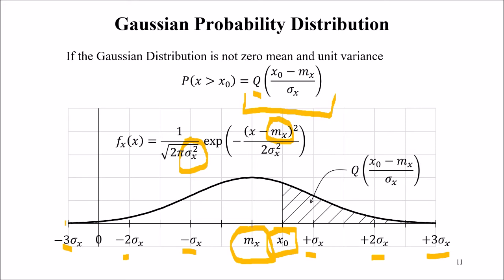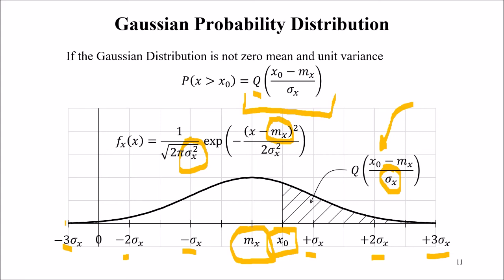Then locate the value that you want to know the area to the right of. And we can find that when applied to the table for Q of x by taking Q of the value you were interested in, x naught, minus the mean value in the numerator of this fraction, and then divide by sigma. Now this is not the variance, this is the standard deviation. This is the square root of the variance, so it's sigma x in the denominator.